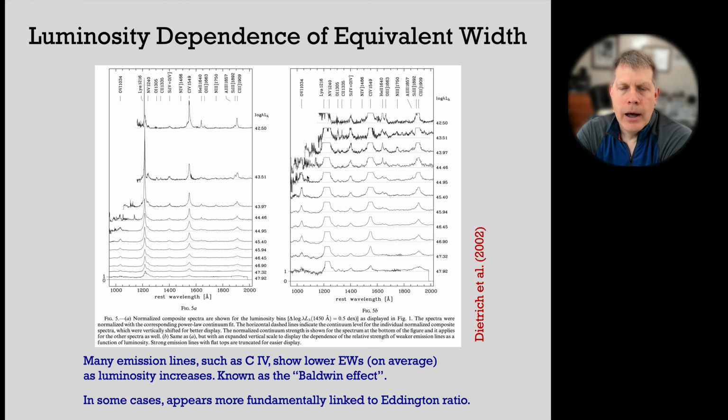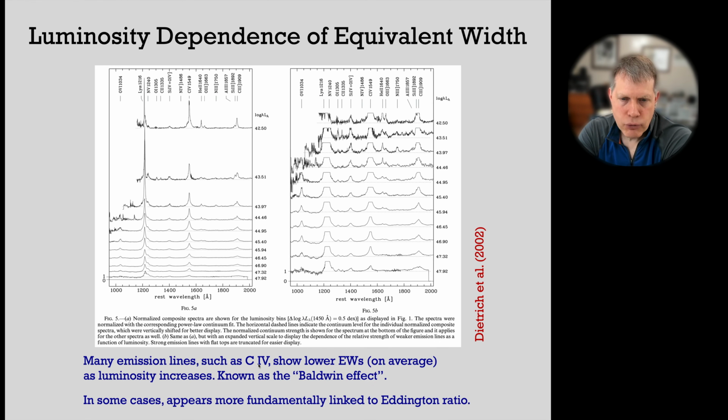One of them I have already shown, at least qualitatively, and this is this luminosity dependence of equivalent width, where, again, while active galaxies show the same basic emission lines over an enormous range of luminosity, the equivalent widths of these lines drop as you go to high luminosity. Okay? This is observed for many emission lines.